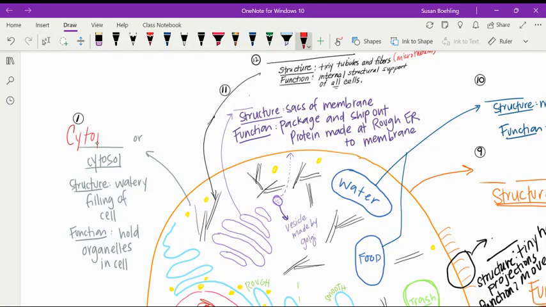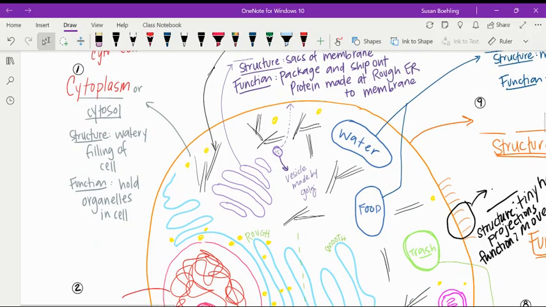All cells have cytoplasm. Cyto simply means cell. So this is the plasm or solvent that is the watery filling of the cell. Sometimes it's called cytosol. The function is to hold the organelles in the cell, but it's actually a lot more than that.